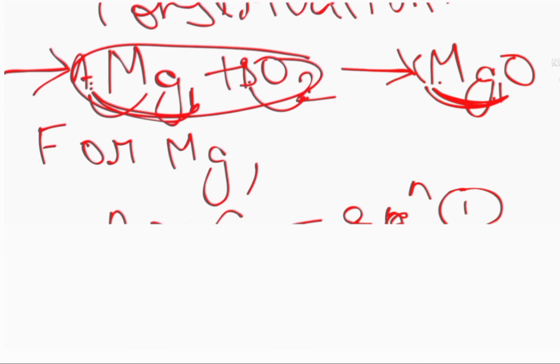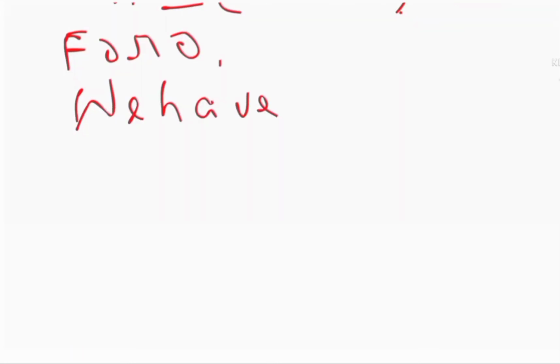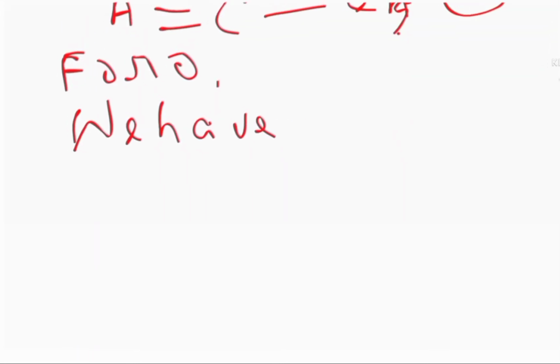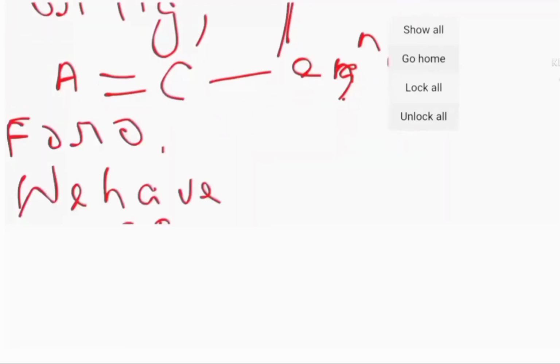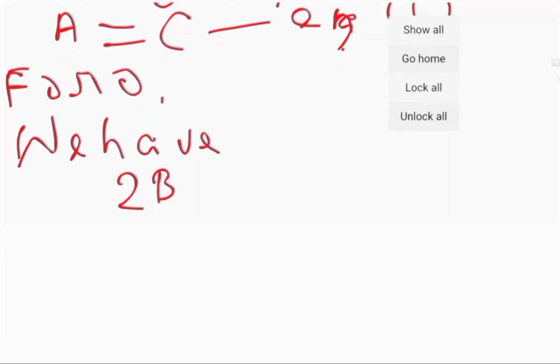So B into 2, we get 2B, and after this O there is no other O, so we will write equal to in the place of this, so we will get 2B equal to.